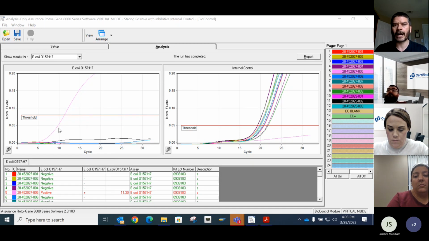Well, in this case, obviously there's targeted DNA because we got a very valid positive result in the positive window. So the IC actually no longer plays a role in determining the validity of the result.